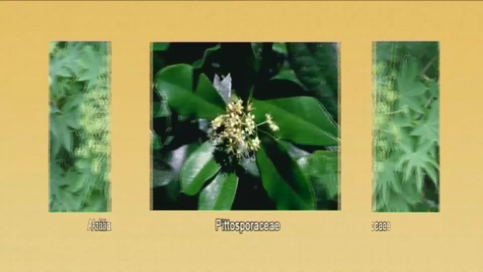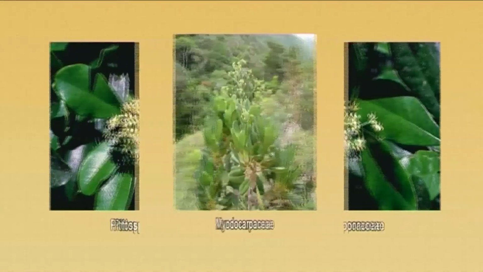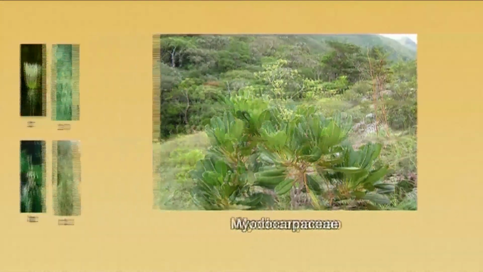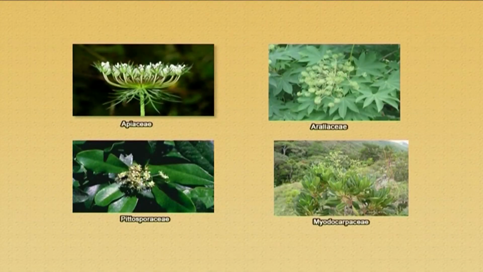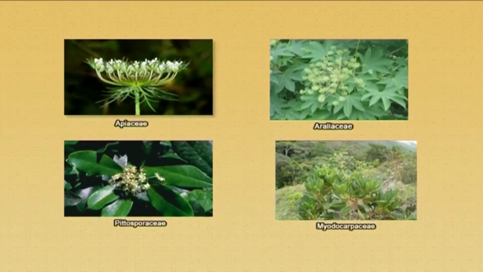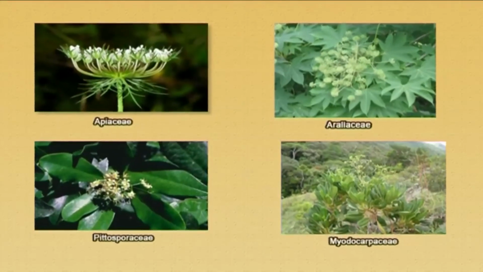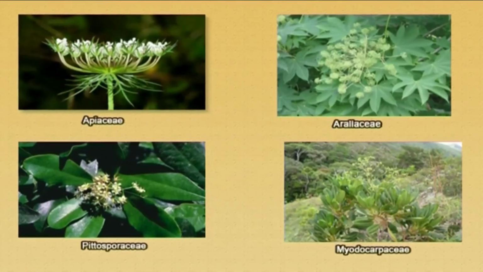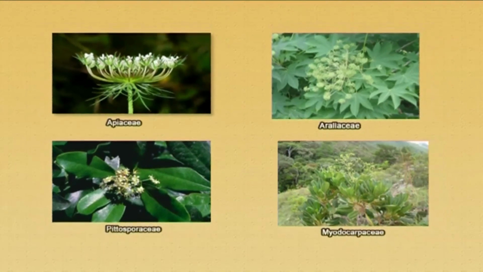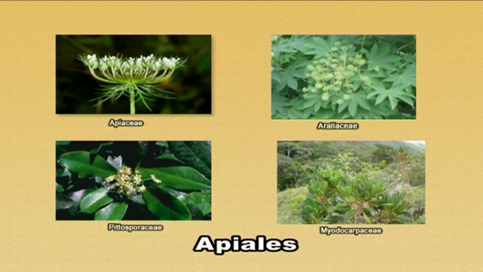The family is most closely related to its sister families, which are Araliaceae, Pittosporaceae, and Myodocarpaceae. These four families, that is Apiaceae and the other three sister families, are placed under a single order, Apiales.